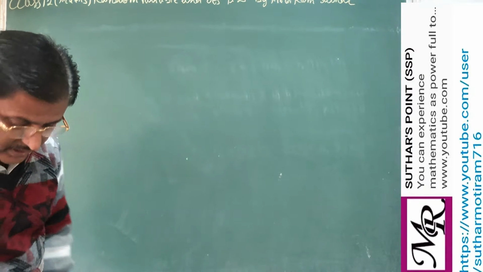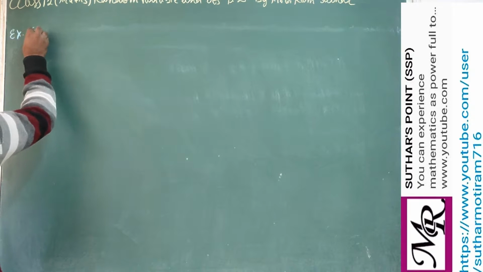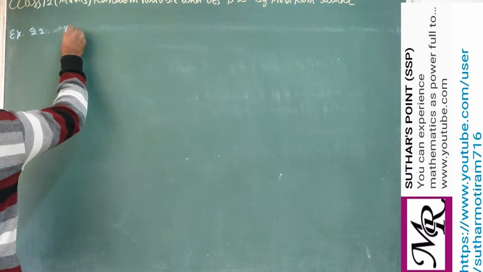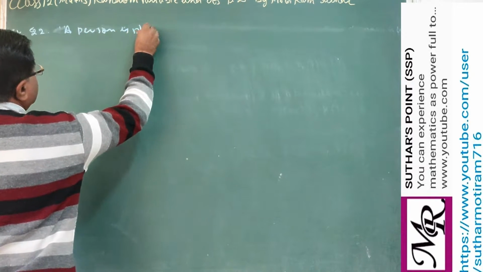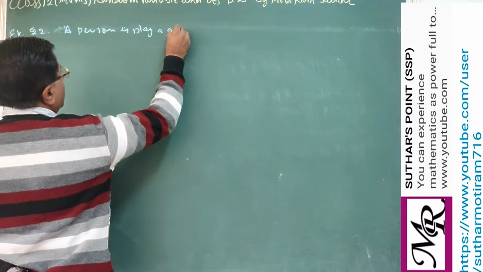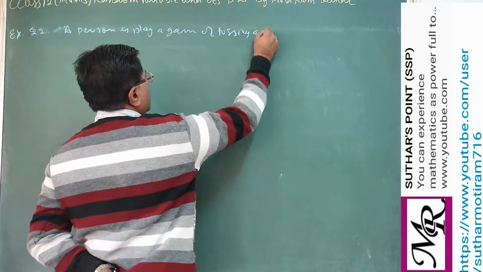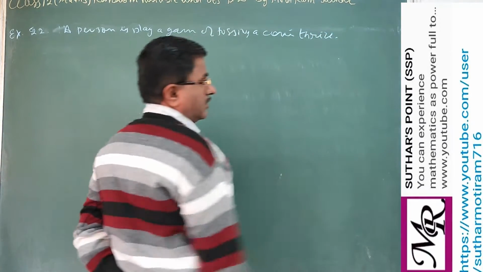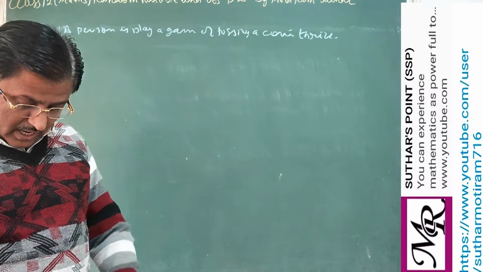A person plays a game of tossing a coin thrice, that means 3 times. The person is tossing a coin 3 times.